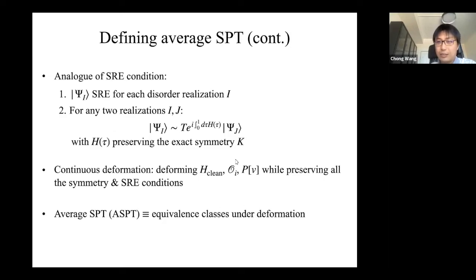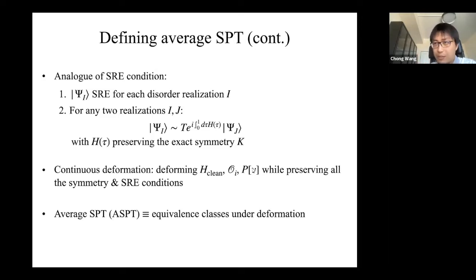I can continuously deform the clean part. I can deform the operator that couples to the random field. I can also deform the probability distribution of my random field. But I do want to preserve all the previous conditions I mentioned while deforming this. So I don't want to cross any phase transition while deforming my system.